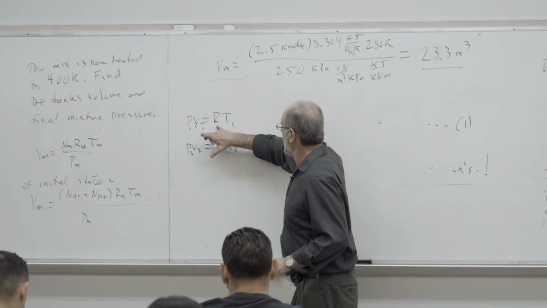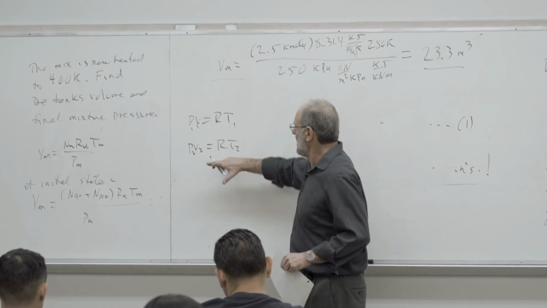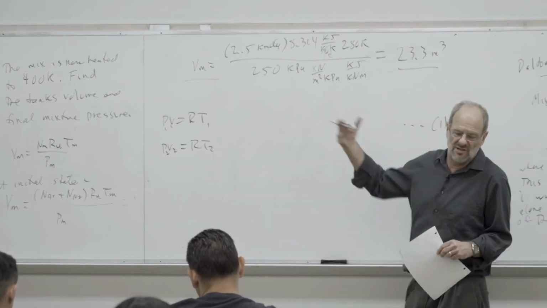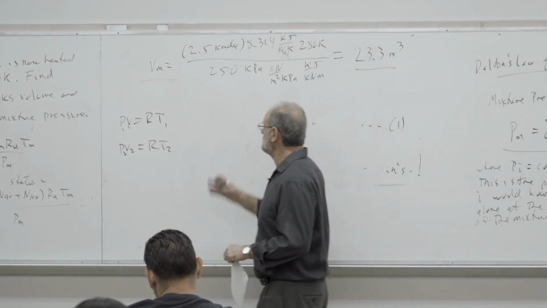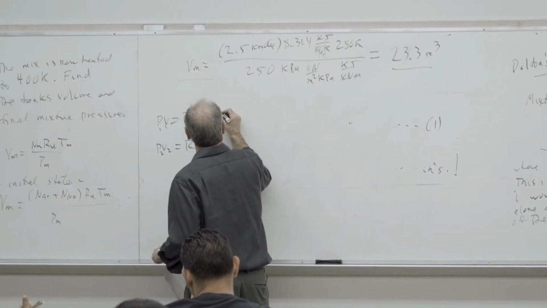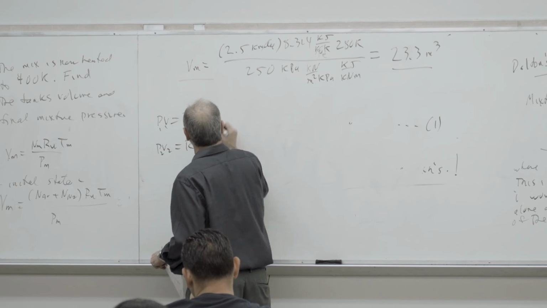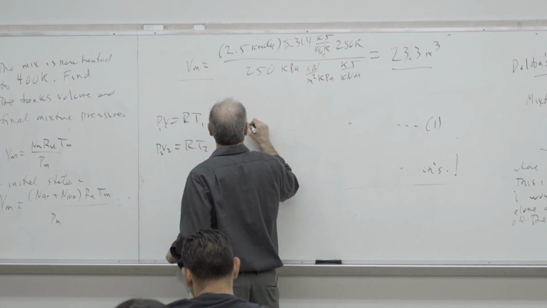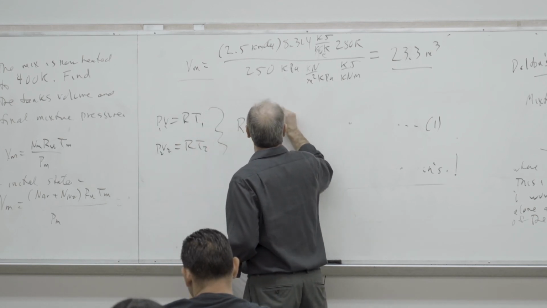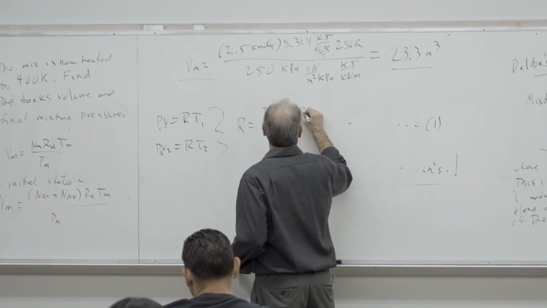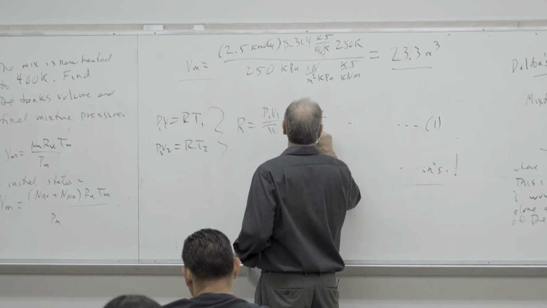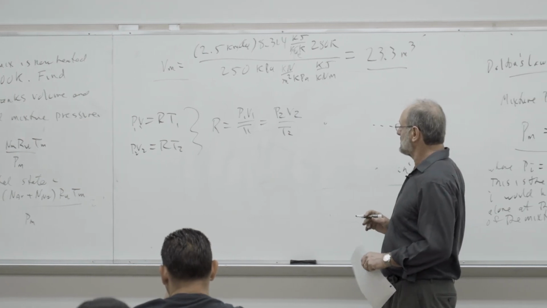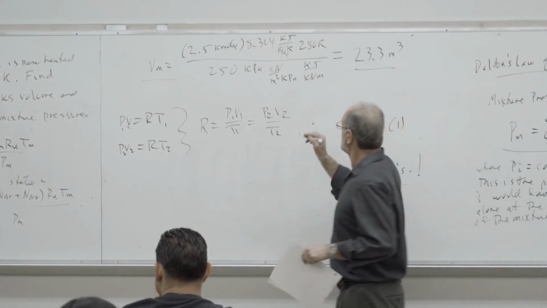And by the way, I have just the gas constant R rather than the universal gas constant, just so I don't have to worry about the number of moles. We'll just put it in this form. And of course, each of these can now be solved for R, right? R is P1V1 over T1, but it's also P2V2 over T2. Now, of course, it's a rigid tank, so the volume is constant.